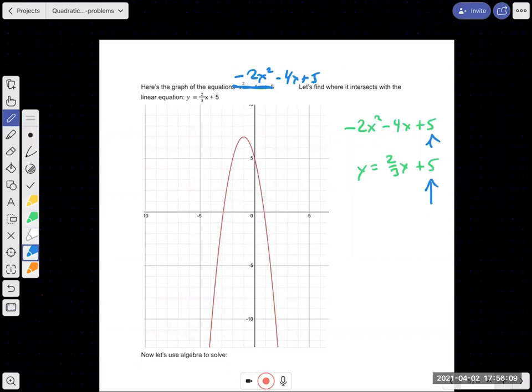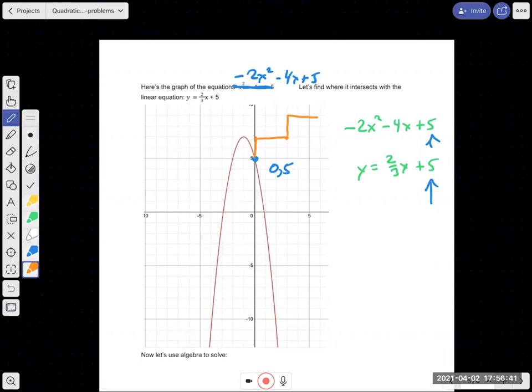And so you find, oh, well, I already know a point of intersection, which is 0, 5. 0, 5 is both on the curve, and it'll be on the line. And then you say, well, I don't have to do anything else because I can just use slope. So slope is up 2 over 3. So let's just build that in. So we go up 2 over 3, and there's a point for us.